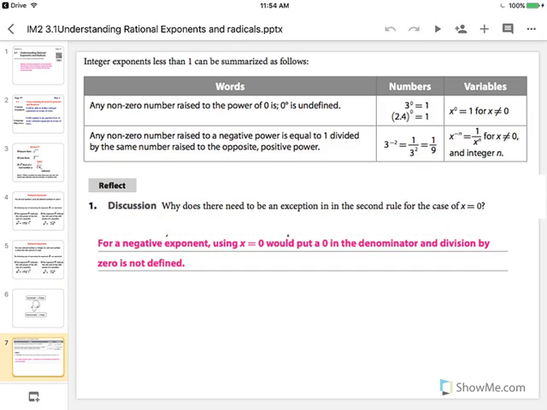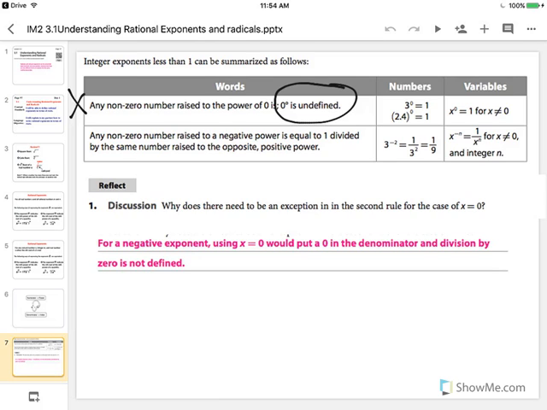Okay, so here are some of the basic properties. Let's go through the first one first. Any non-zero number raised to the power of 0 is 1. For example, 3 to the 0 power is 1, 2.4 to the power of 0 is also 1. But notice that 0 to the 0 power is undefined.